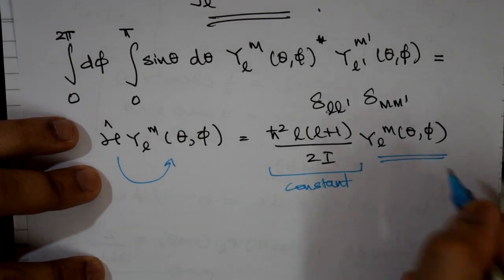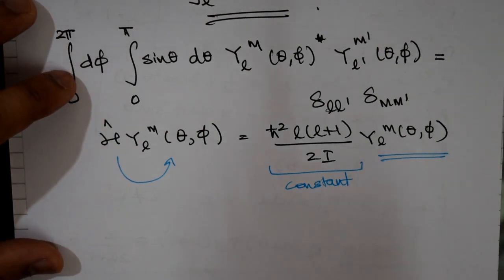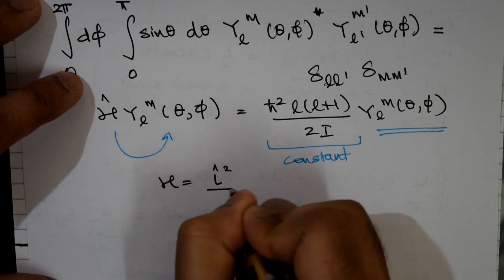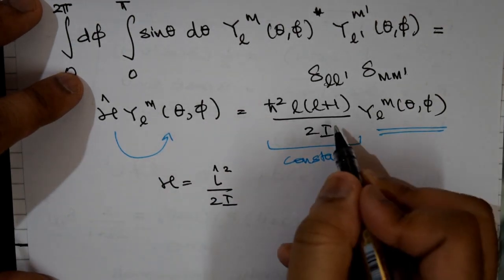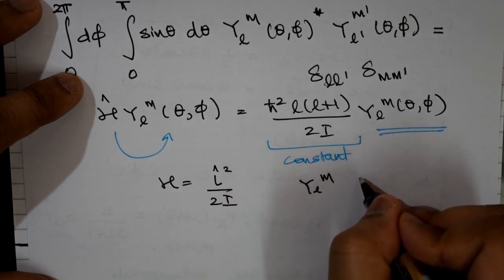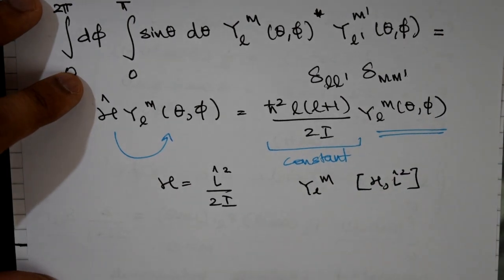So this is the eigenvalue equation, that is the Schrodinger equation that we started with. And as you might remember, the Hamiltonian is given by L square by 2I. So this once again makes you understand why Y L m is an eigenfunction of both the Hamiltonian and the angular momentum operator.